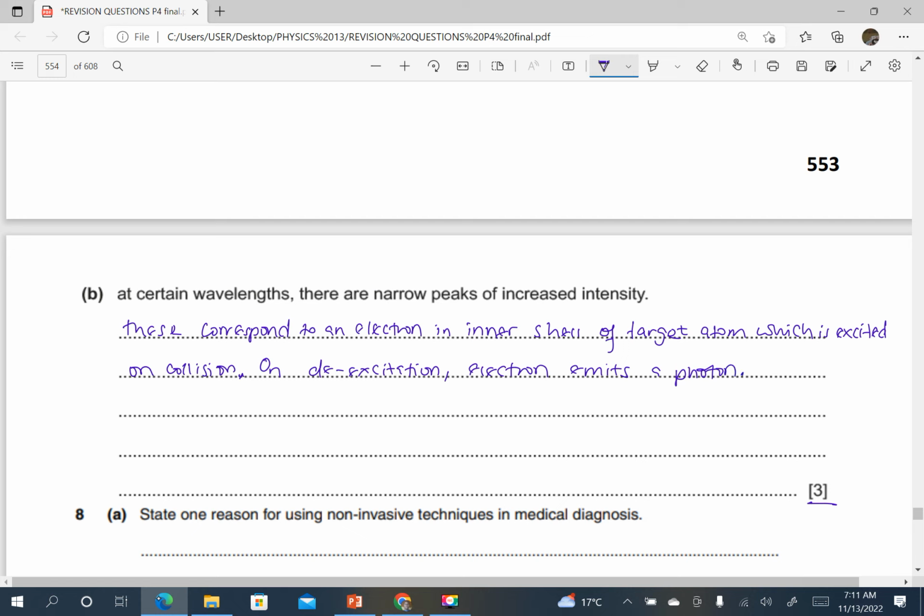Remember, there only exist specific energy levels for these electrons. From quantum physics you saw that there exist discrete energy levels of electrons.